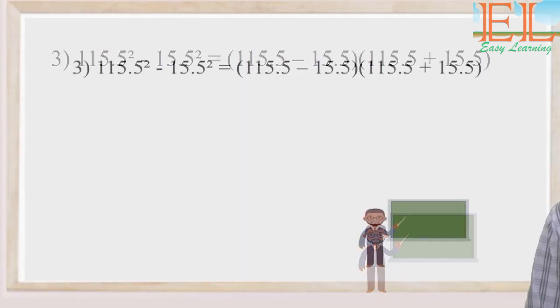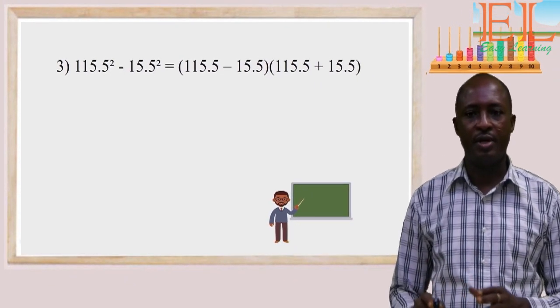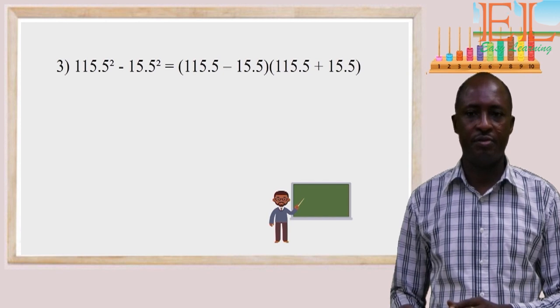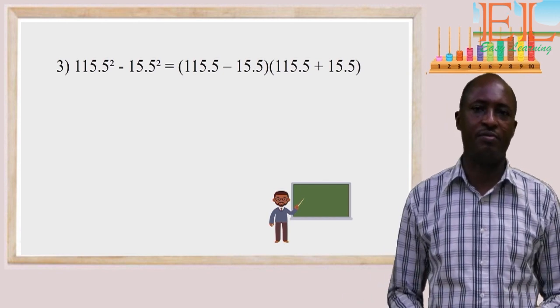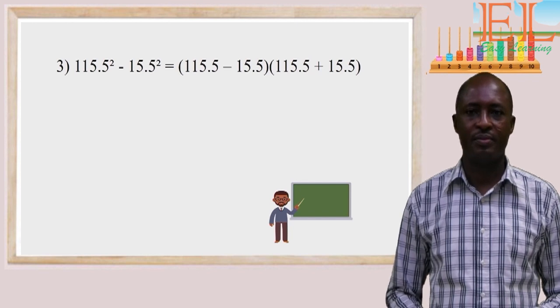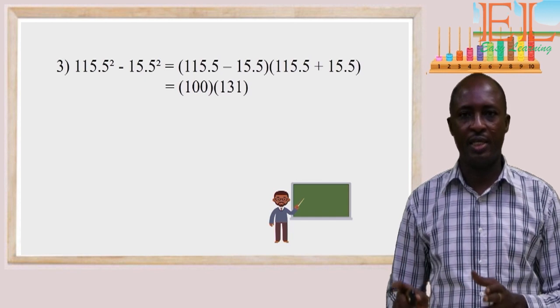And if you take number 3, it's the same process. 115.5 minus 15.5 times 115.5 plus 15.5. And of course, we have 100 times 131.